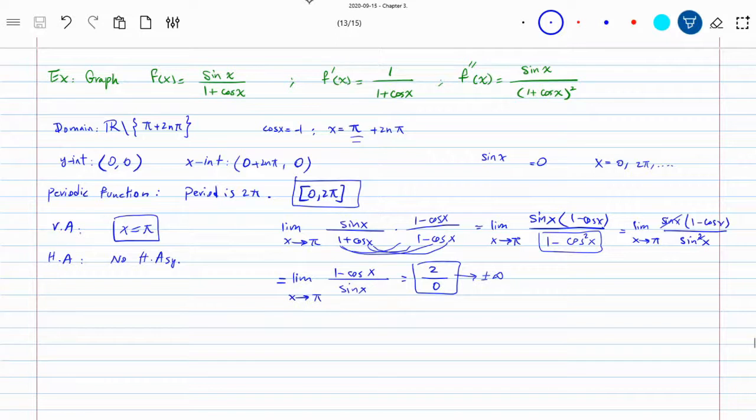And then we can look at the derivatives. Find the critical numbers. So the first derivative, in this case, is kind of simple. I'm going to write a bit smaller.